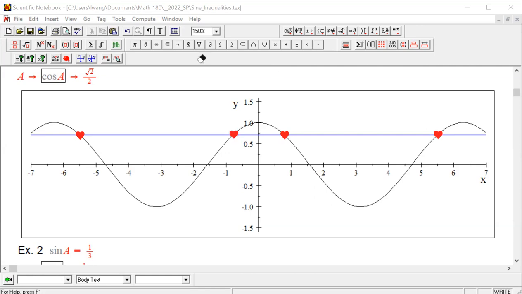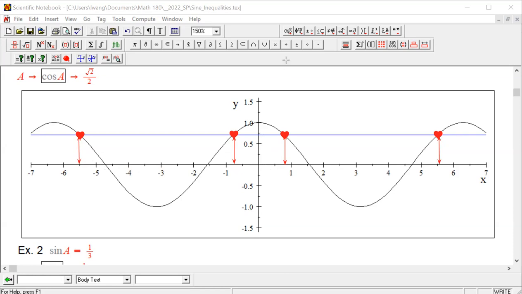So those heights are √2/2. √2/2 in height, that's the cosine ratio, √2/2 and √2/2, right? So that's the visual of our solution.